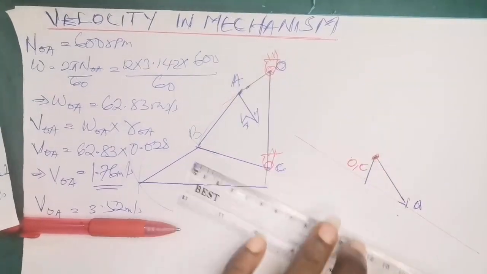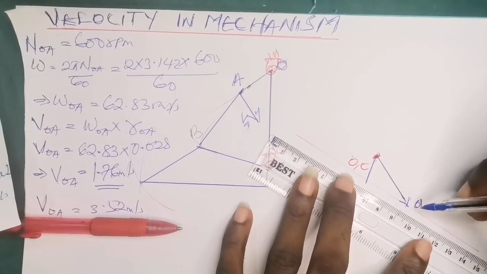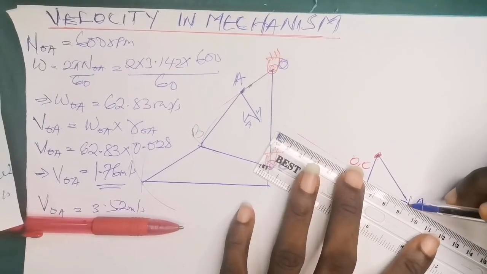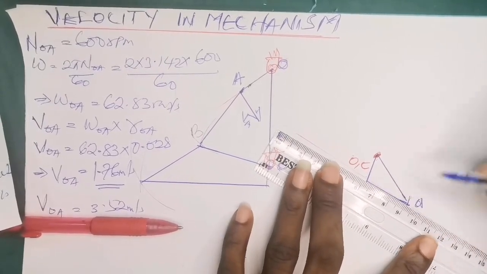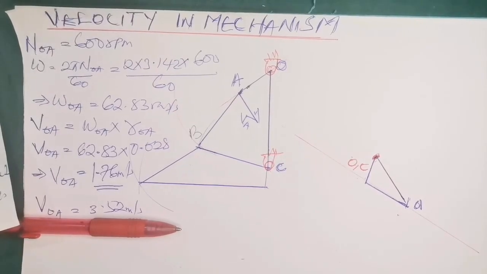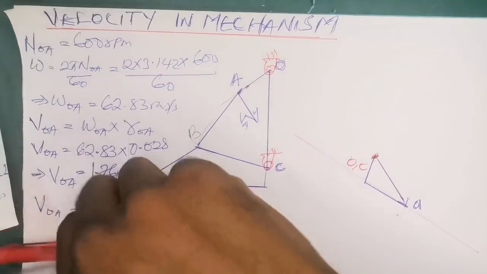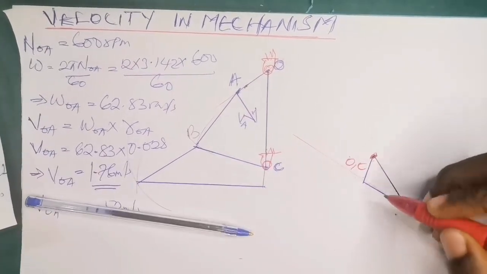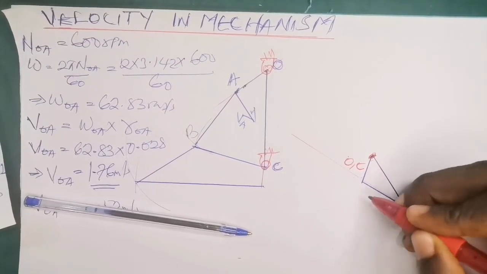All right, so you now see that I can simply trace from here to this point. That means this is now point B, which you note with a small letter.